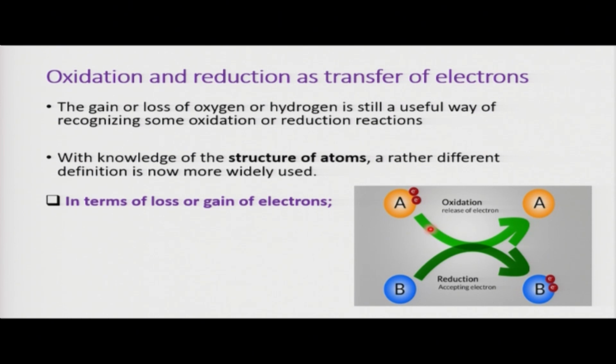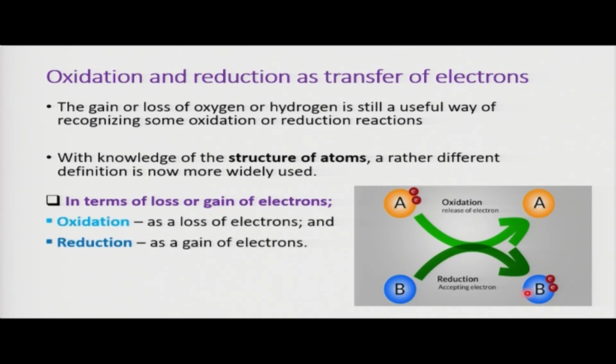So when a substance loses electrons, we call that oxidation. And when a substance gains electrons, we call that reduction. If I can quickly summarize: oxidation, simple, loss of electrons. Reduction, simple, gain of electrons.